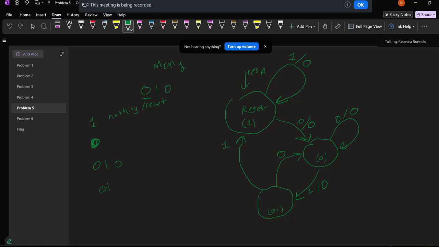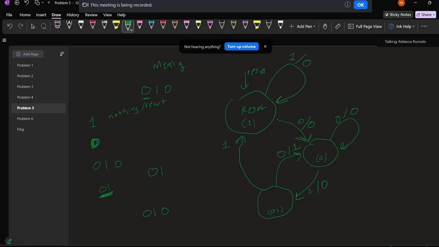If I have a 0, 1 and I get a 0, then I've got my sequence. Yay, so my output is 1. The state that I'm in, though, is the state 0, 1, because I don't have a separate state for having found the sequence. I just go back to the state that was 0, 1, but my output is 1.